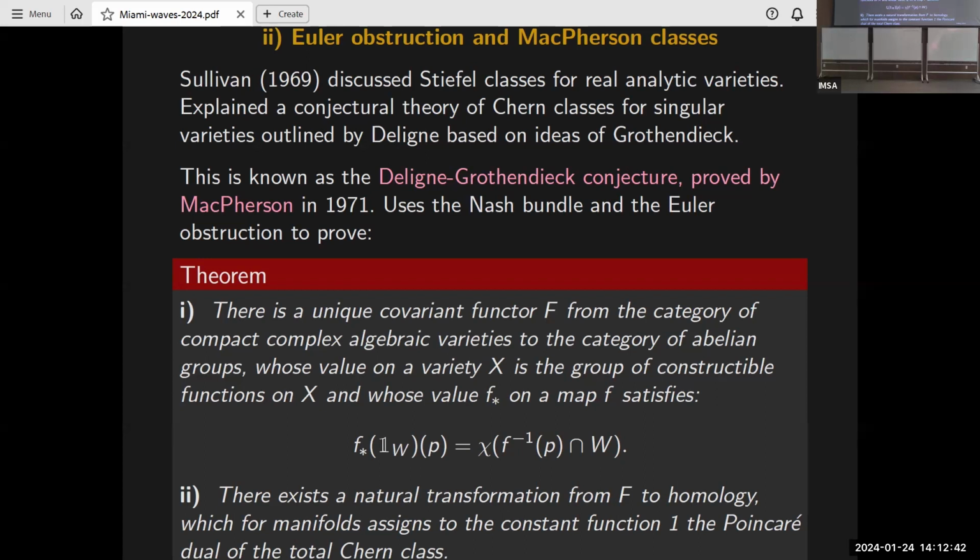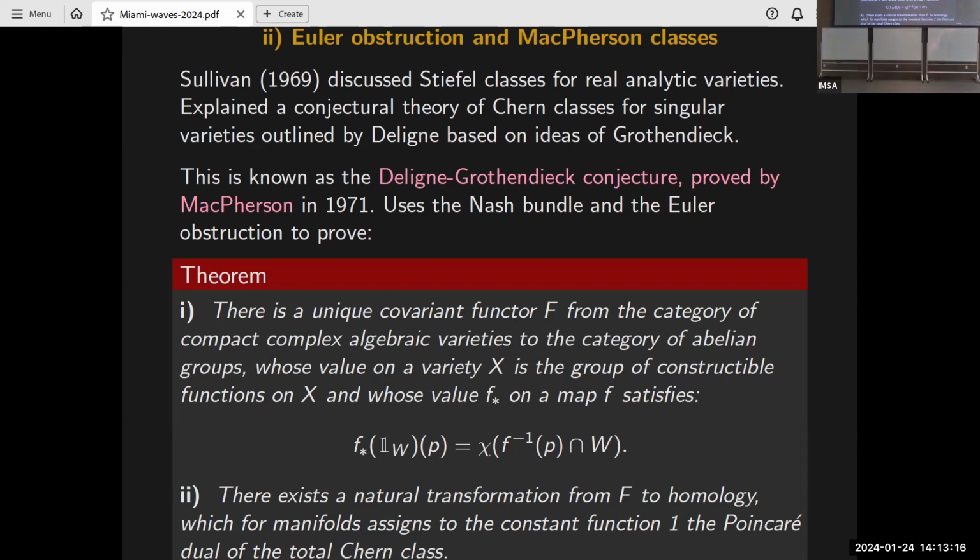There is a unique covariant functor from the category of complex algebraic varieties to abelian groups, whose value on a variety is exactly the group of constructible functions, and it satisfies this normalization property. The conjecture was that there exists a natural transformation from this functor to homology that, for manifolds, assigns to the constant function 1 the Poincaré dual of the Chern class.